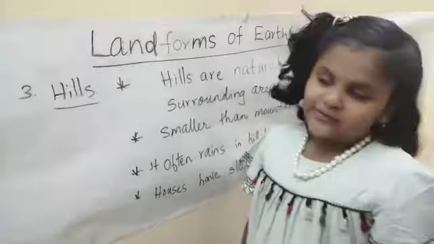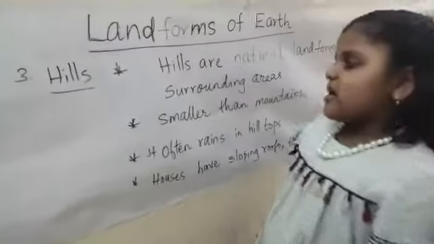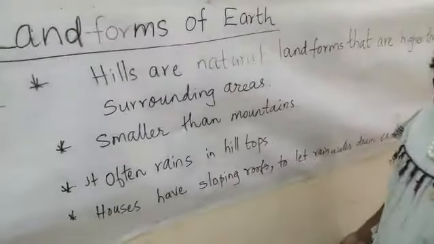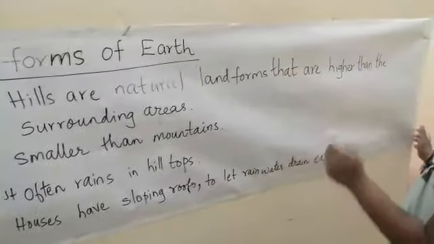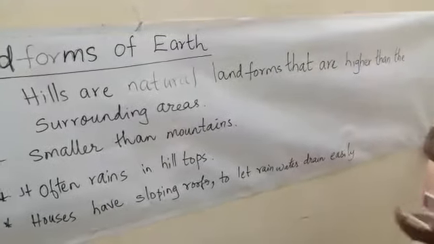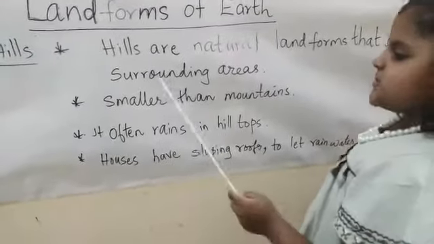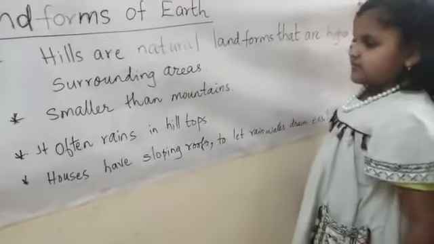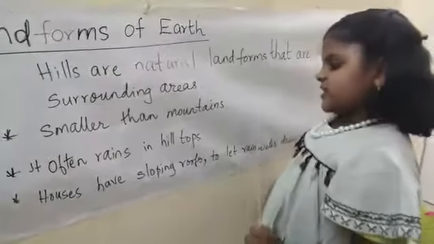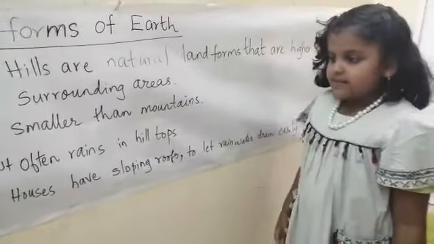Coming to the next landform, that is the hills. Hills are natural landforms that are higher than the surrounding areas. Hills are smaller than the mountains. It often rains in hilly regions.